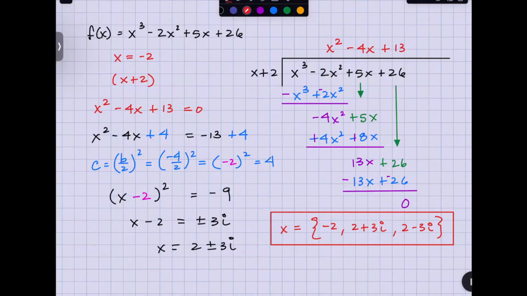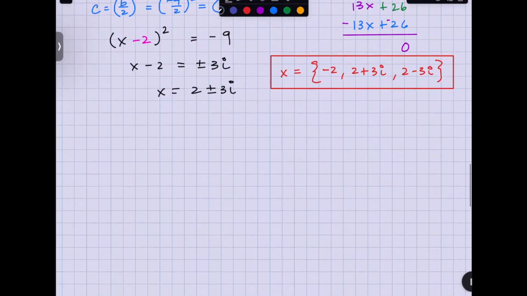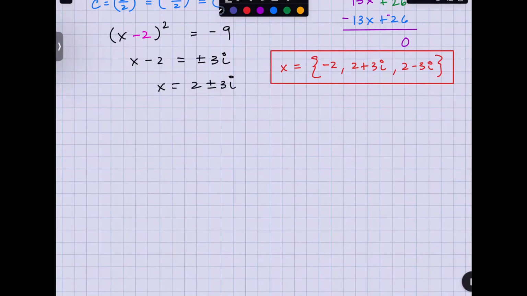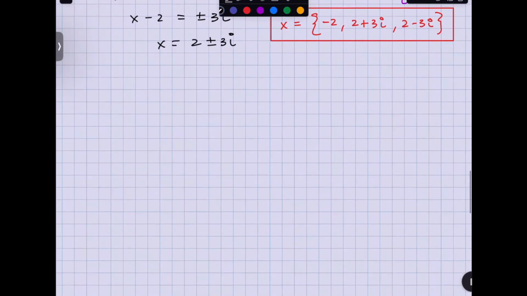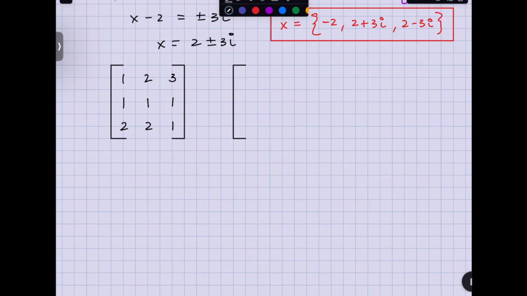10C, number 9. Certainly. So we're given these matrices, and we're given the inverse as well.